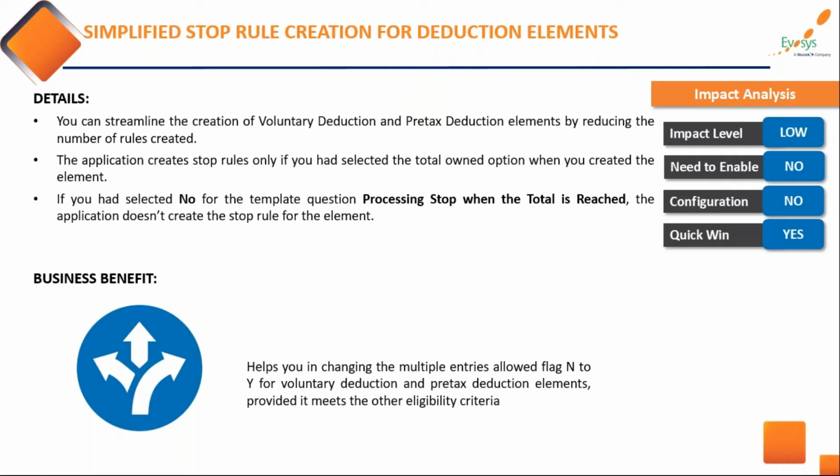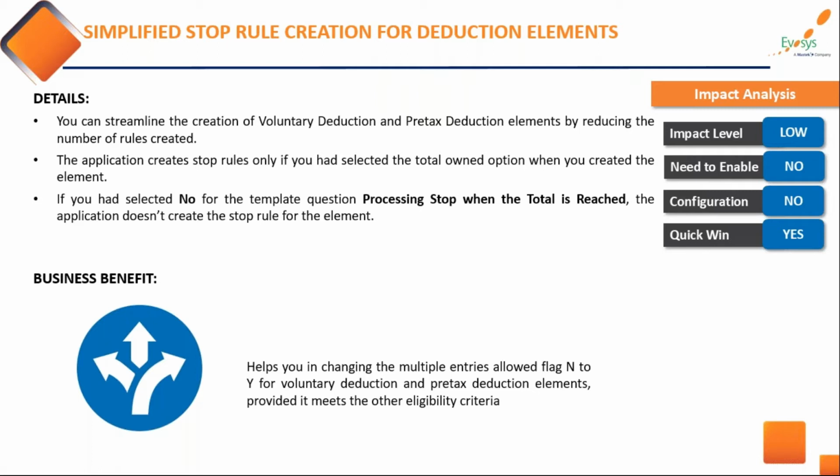But now in 20D, they have provided a question which says processing stops when the total is reached. If you say no to that question, then Oracle will not create those calculation rules in the background. And that was the reason why it was previously stopping you from changing those attributes.